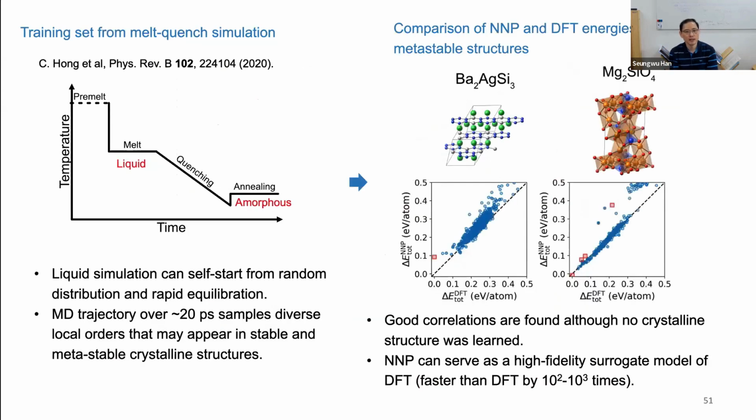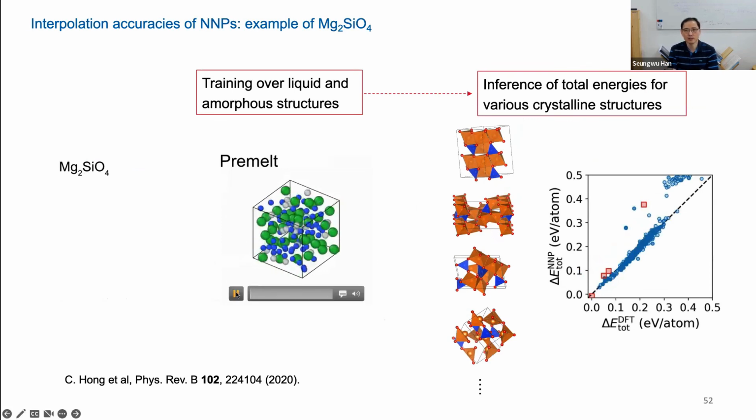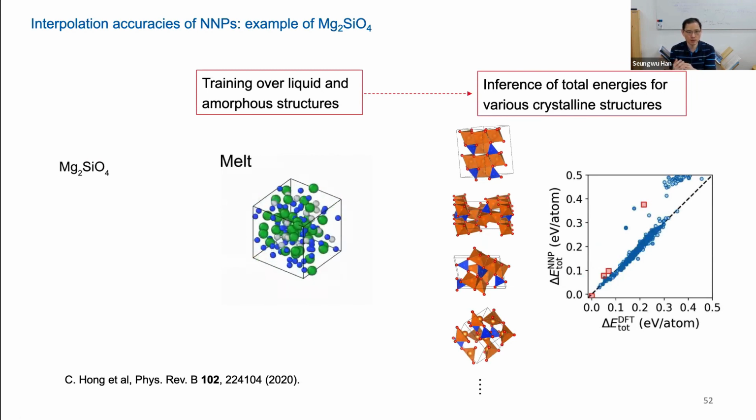So, some years ago we proposed making use of melt-quench simulation. I will show you the next slide here, it will be better. Instead of the crystal structure, we take the melt, the liquid, and cool it down. Then you obtain the amorphous structure, a disordered structure. However, it has local order.